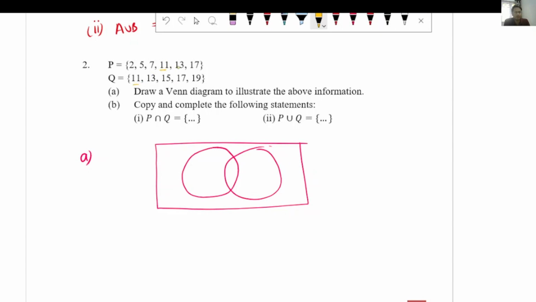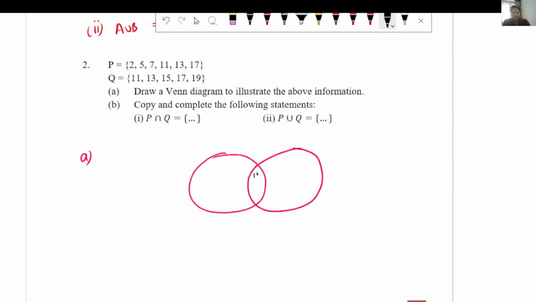So 11, 13 and 17. These three numbers are repeating. So first we'll write these three numbers here, 11, 13 and 17, as these numbers were repeating. And this is set P and this is set Q, right?